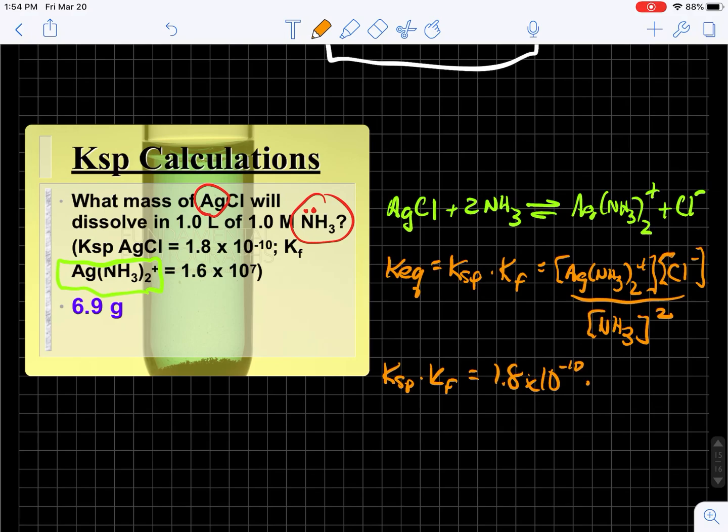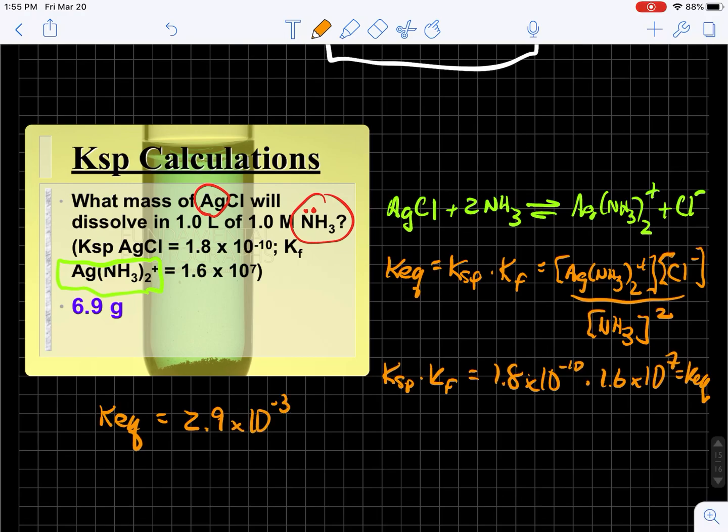So we're going to have to use the quadratic here. So 1.8 times 10 to the minus 10 times 1.6 times 10 to the 7th is equal to KEQ. I get 2.9 times 10 to the minus 3.